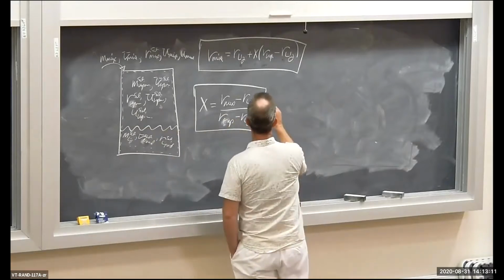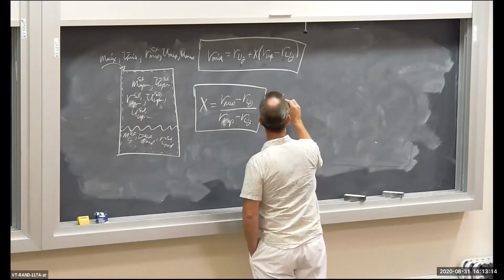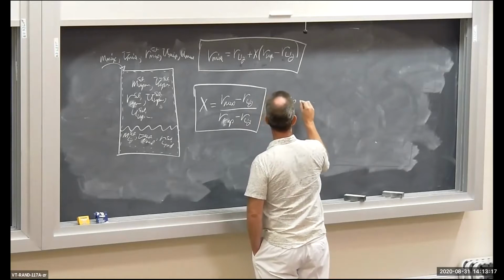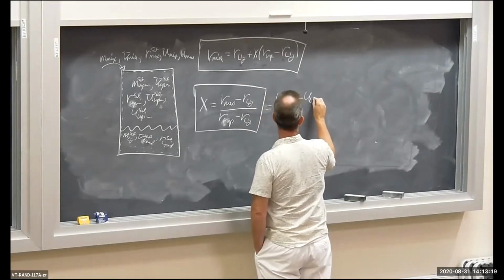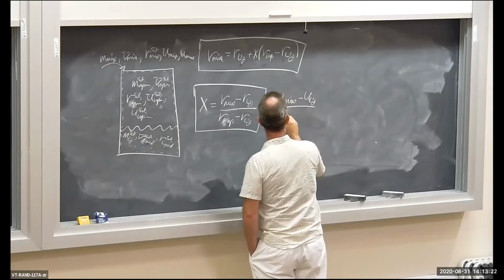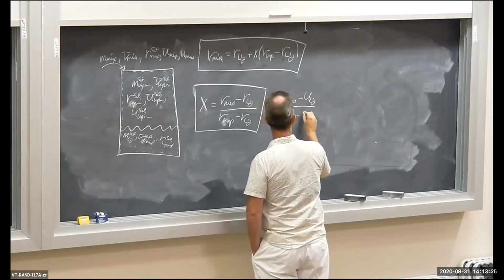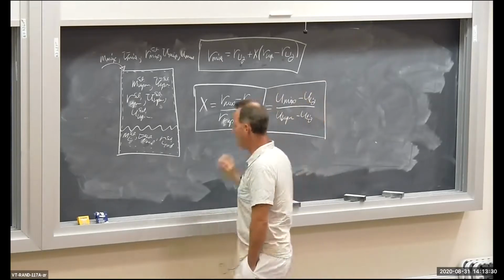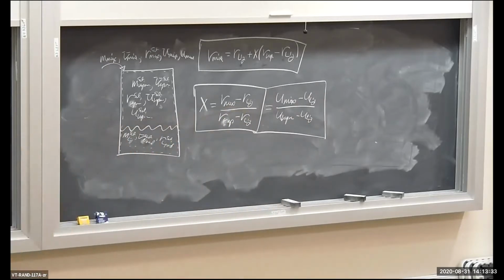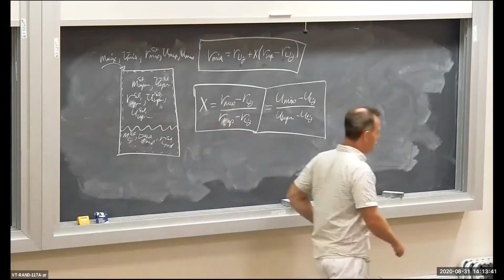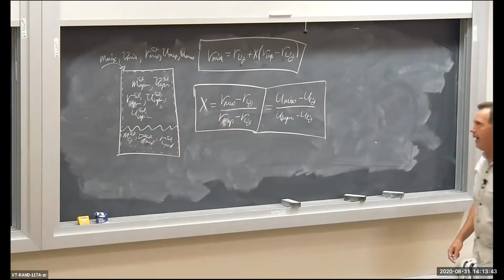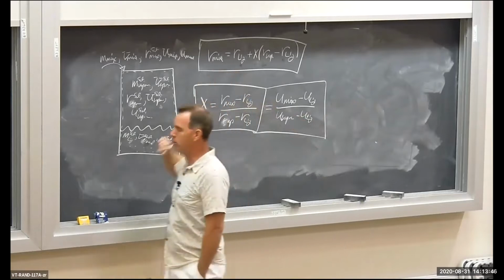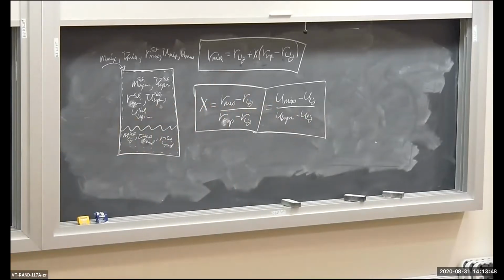And I end up with a similar equation: U of the mixture minus U of the saturated liquid divided by U of the vapor minus U of the saturated liquid. I'm not going to do the derivation. I think volumes is easier to understand. But this equation works for specific internal energy as well as volume. So does this one. I could put U's in there instead of V's. Okay?